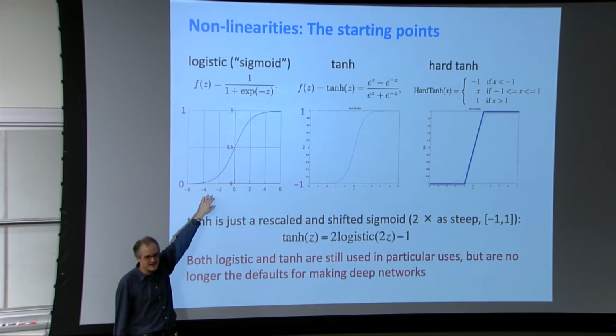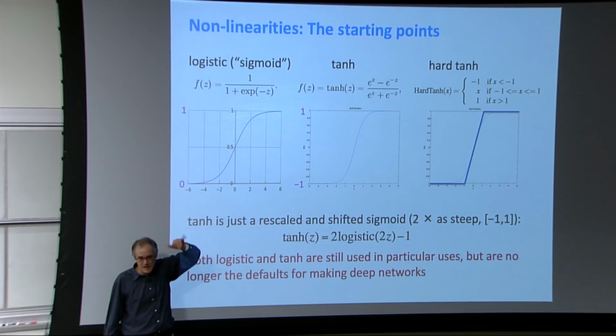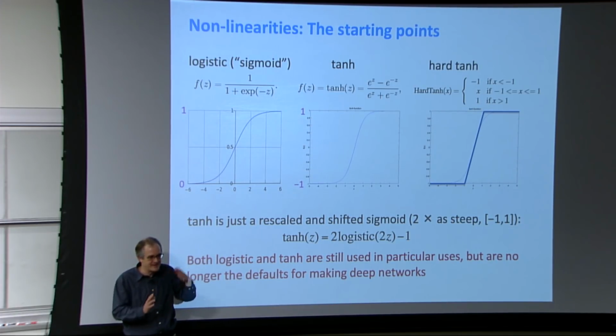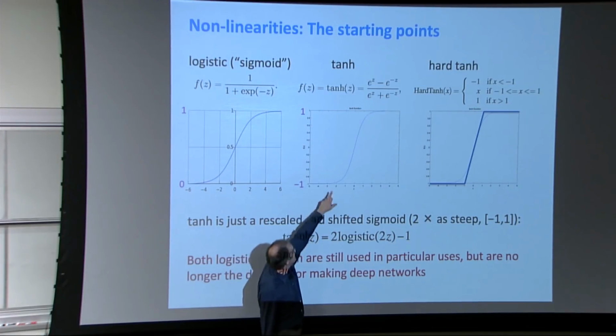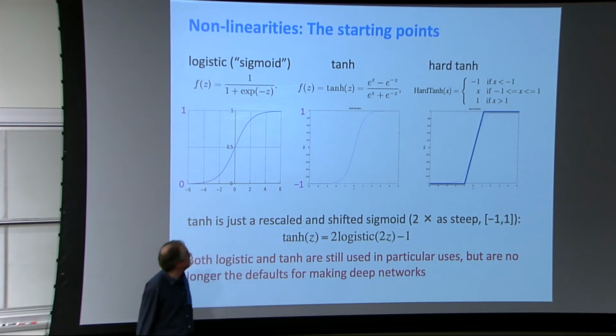The only place these are used is when you actually want a value between 0 and 1 as your output. So we'll talk later about how you have gating in networks, and gating is a place where you want to have a probability between two things, and then you will use one of those, but you use them absolutely nowhere else.